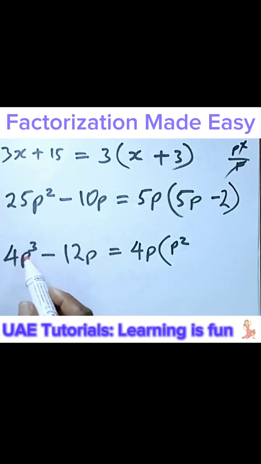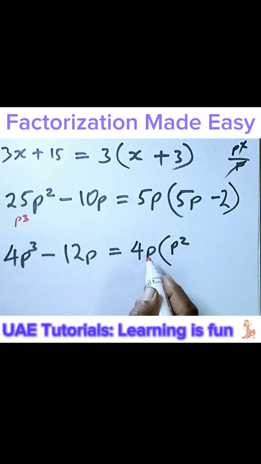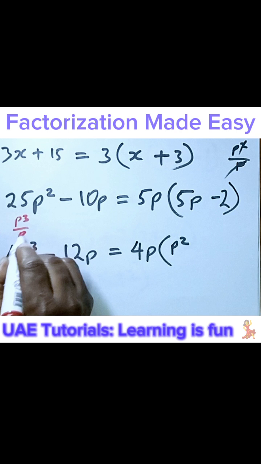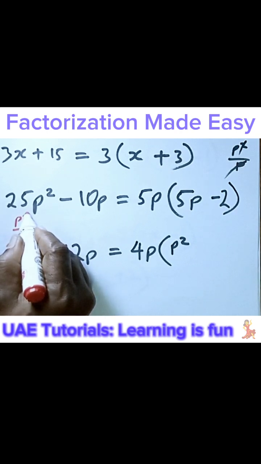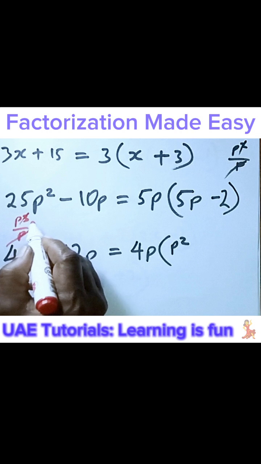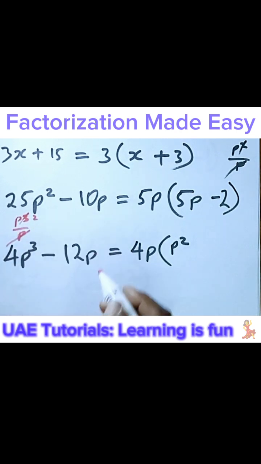Please don't get confused. This is p cubed divided by p. This p will go, and what will remain is p squared.